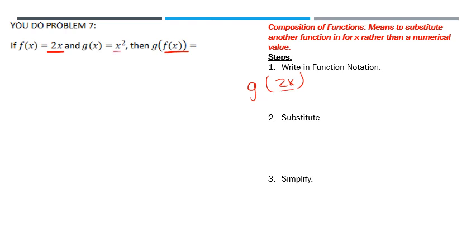So that gives us 2x, all squared, right? Then we're going to simplify this. For 2x squared, we're going to distribute the power. So we have 2 squared times x squared, which equals 4x squared.